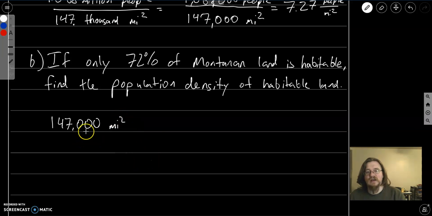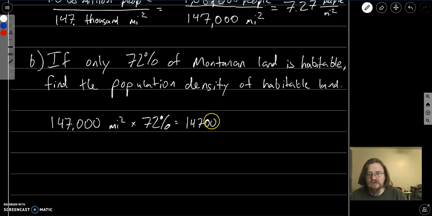This is total land, but we only want 72% of that. So we'll take this times 72%, meaning that we'll have 147,000 times 0.72. Again, we don't want to multiply by percentages. We want to turn these into real numbers.